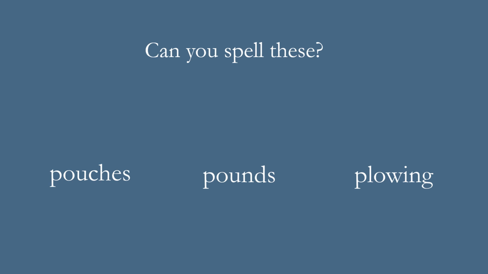The next one is probably the hardest one on this list. The word is mouse. The cat chased the mouse into the house. All right, do you think you have it? Let's take a look. Oh, yeah, and it's got that silent E that's so unfair.